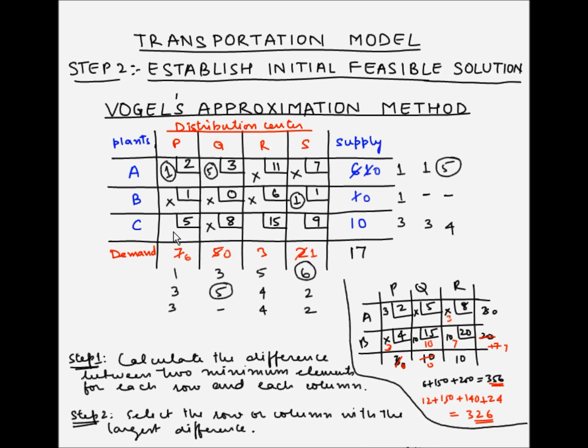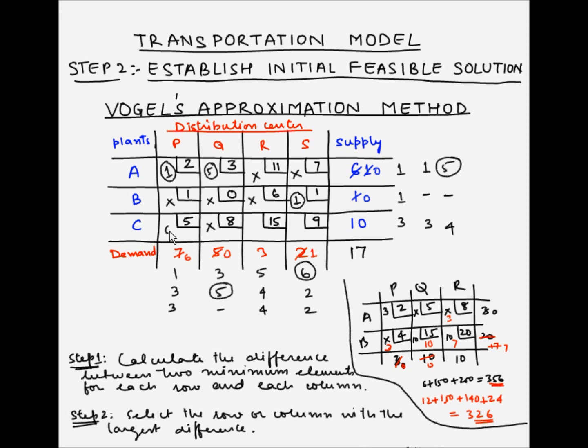Now we only have one row which is open, which is C, and it has a supply capacity of 10 units. And we have 3 distribution centers whose demand is unfulfilled: P, R and S, with the demand of 6, 3 and 1, which is also 10. So what that means is we can allocate 6 units to cell CP.